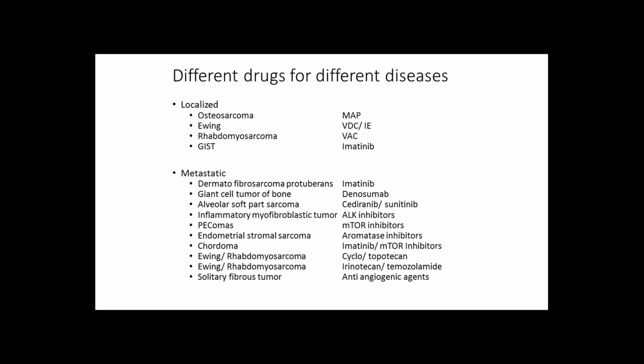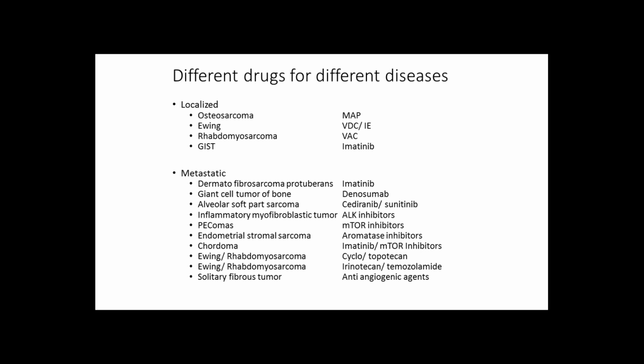And it's important to note that different drugs or different combinations of drugs are active in these different diseases. And in the metastatic setting, when the cancer has spread elsewhere, there are a number of published studies and research articles highlighting the efficacy of specific drugs in specific diseases.